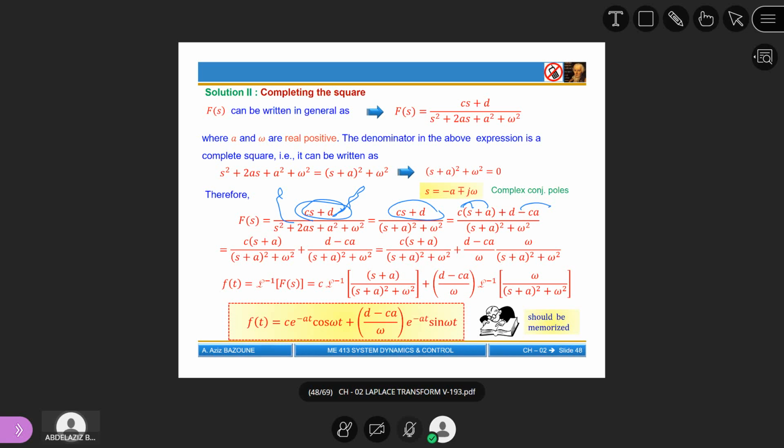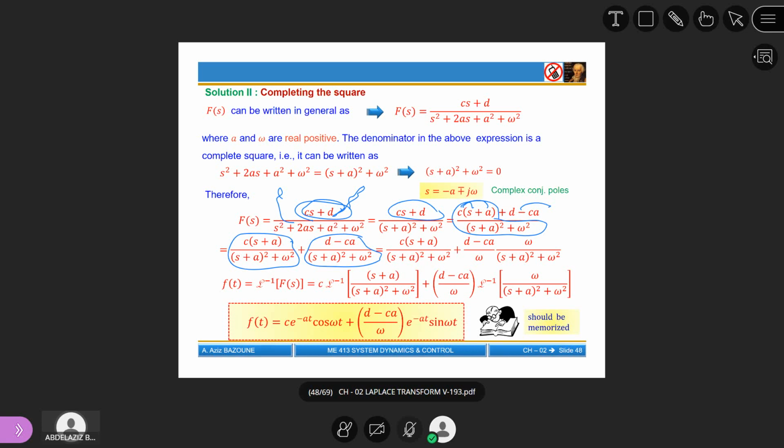So now I can split. I'm writing it here, C times S plus A over S plus A squared plus omega squared. This is one term. The second term will be D minus CA over S plus A the whole square plus omega squared.